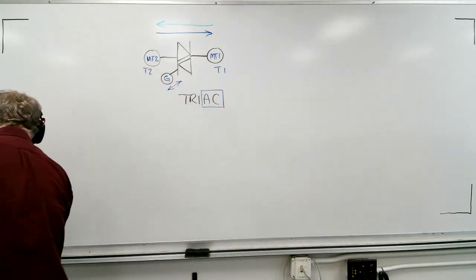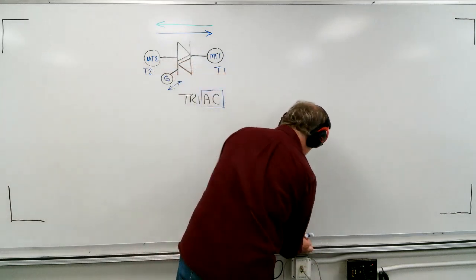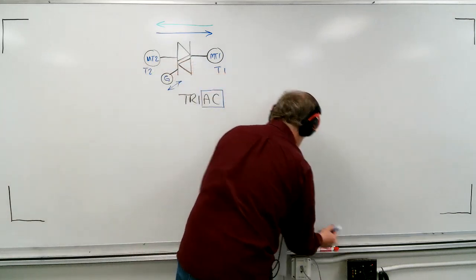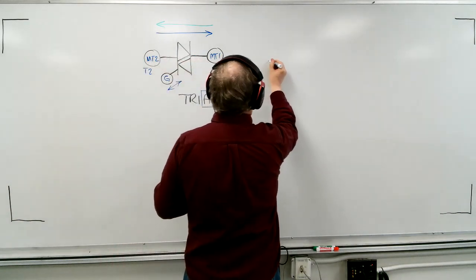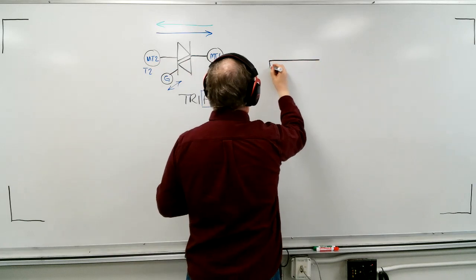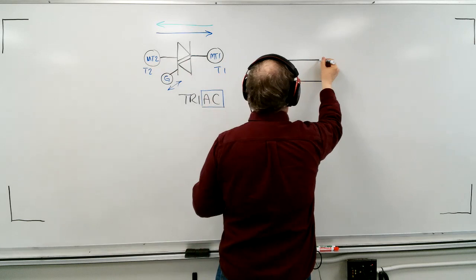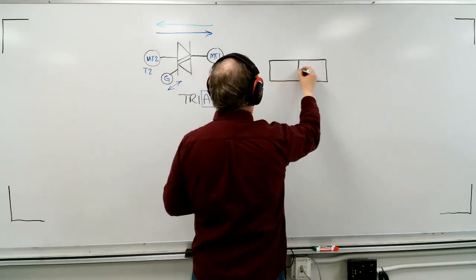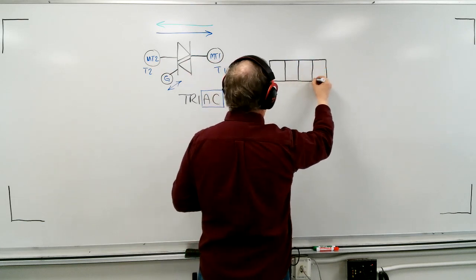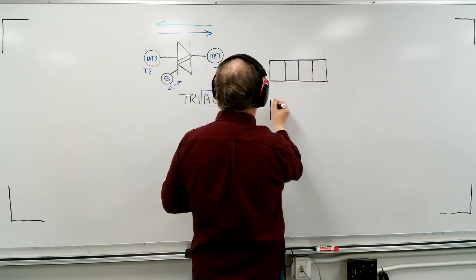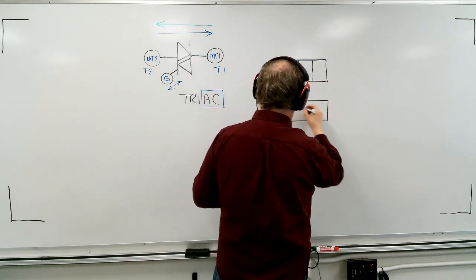But I do want to show you the semiconductor layers of this device, just to give you an idea how they're arranged. And it looks a little like this. Here's one part of it. This is a chunk of semiconductor material that I'm going to divide up into 4 layers, and then I'm going to draw another chunk of semiconductor material that I'm going to divide into 4 layers.